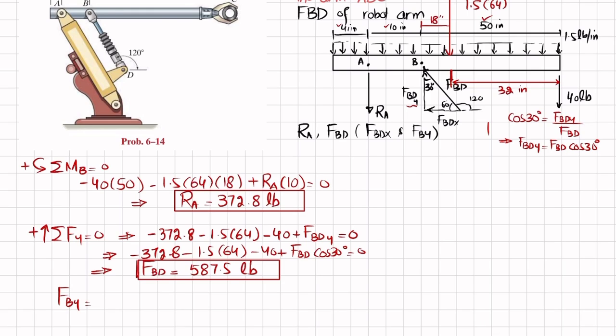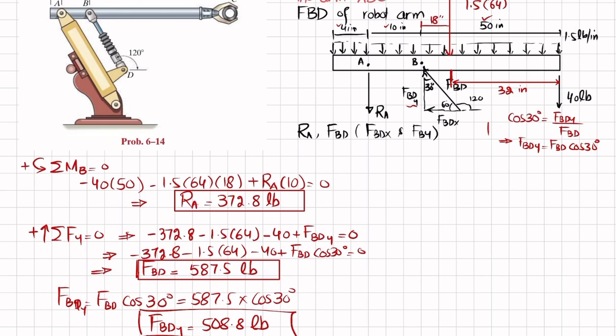FBD y is FBD into cos of 30 degrees, so 587.5 into cos of 30 degrees will give you FBD y, and that is equal to 508.8 pounds. We do not need FBD x because while drawing the shear force and bending moment, you will have the vertical component.